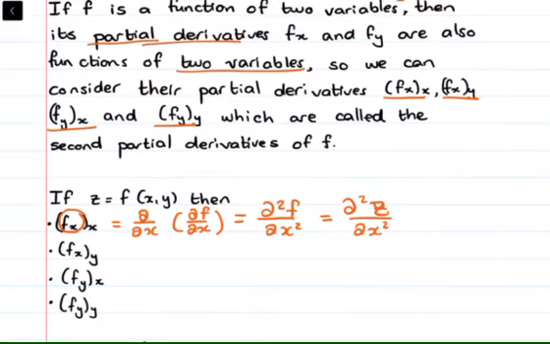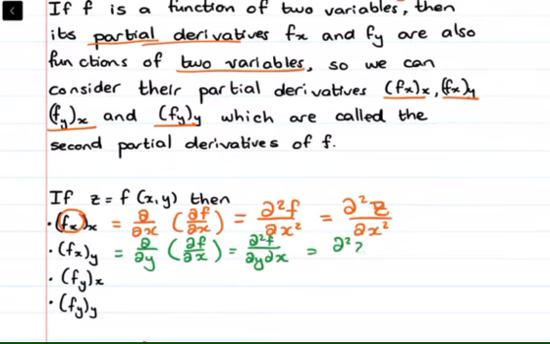Now what happens if you have fxy? It means that you are differentiating with respect to y the partial derivative with respect to x. So this is the second derivative of f, which is equal to partial y, partial x. Or if you want, you can write it as partial squared z over partial y, partial x.